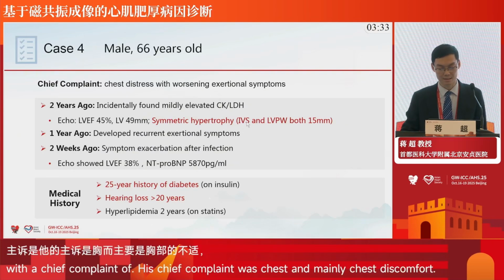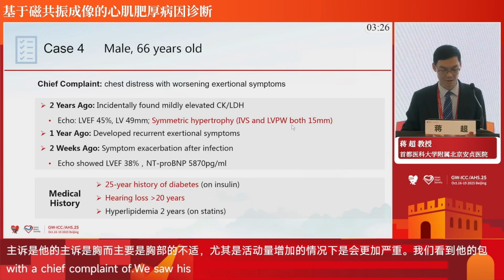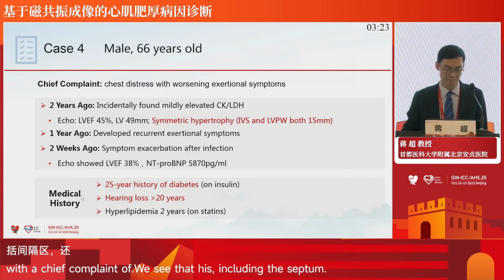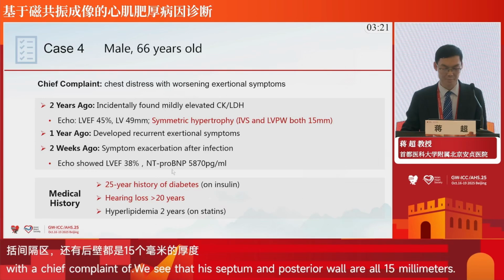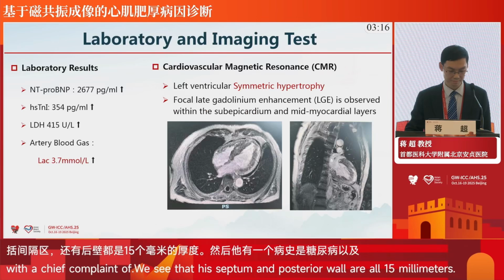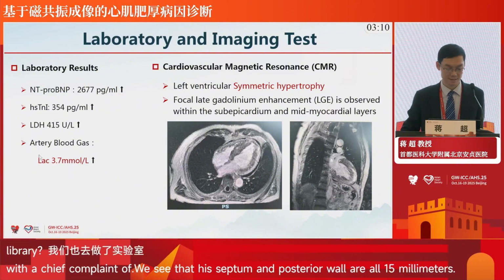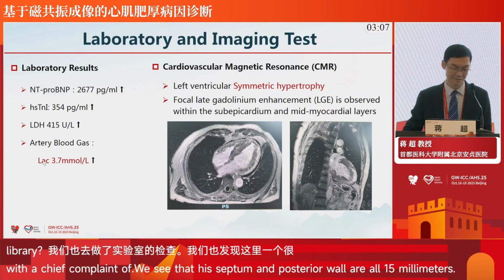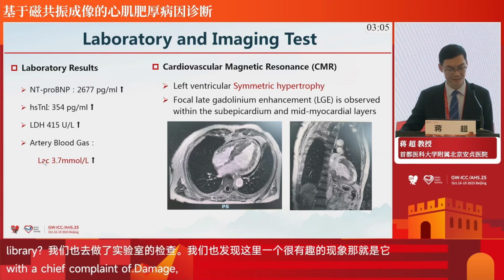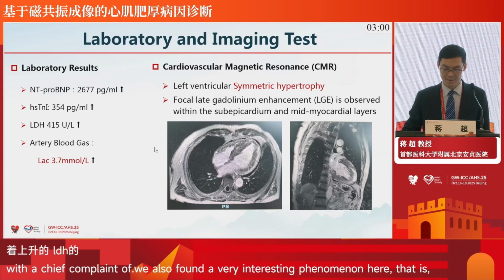We can see his septal and posterior wall of the left ventricle are both 50 millimeters, and he had a medical history of diabetes and hearing loss. We did laboratory tests for this patient and found an interesting thing: he had significantly elevated lactic acid.